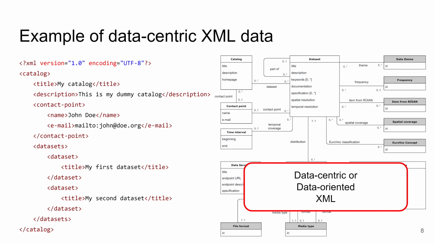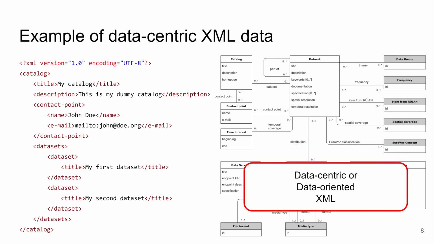Right, so if we end up with an XML file in this way, this is what we call a data-centric or data-oriented XML. It is a bit different from the document-centric XML because when we omit all the tags, the document is no longer human readable, and those files are actually typically created by exporting a relational database or created directly in an application.